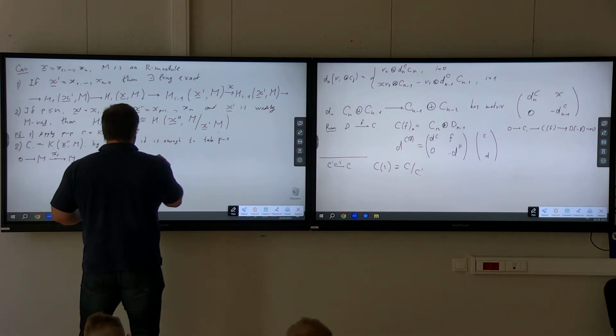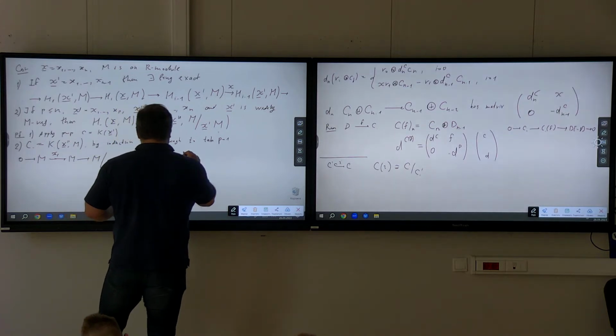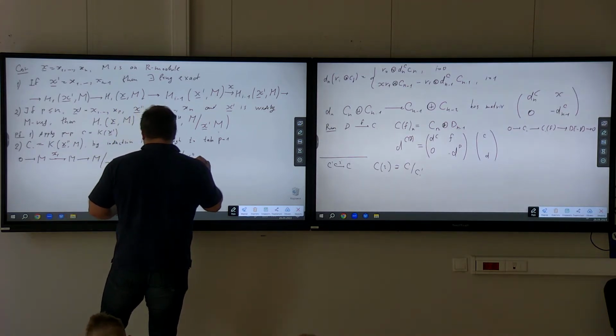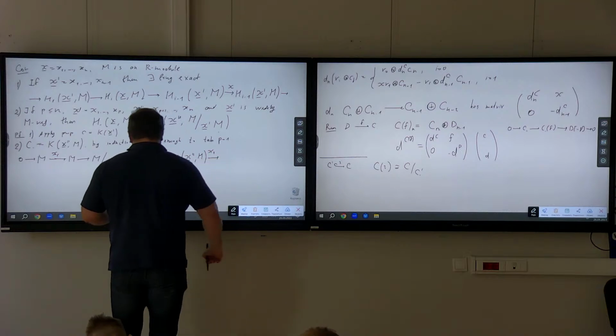Okay, so we have a short exact sequence of modules. This produces the short exact sequence of Koszul complexes. So we have K of x double prime, M, and here is the map induced by the multiplication by x1.